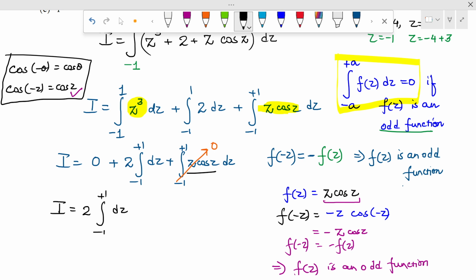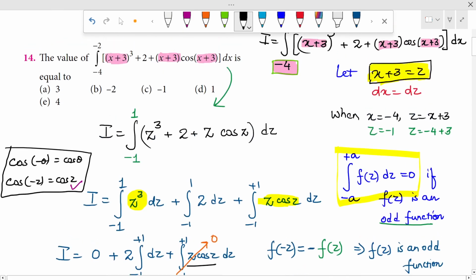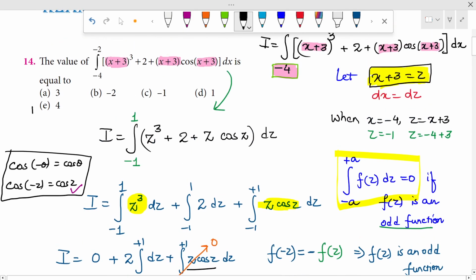Okay, and the integration of a dz is az. So if I plug in the upper limit 1, I get 1 minus, and if I plug in the lower limit, I will get 2 into (1 plus 1), which is 2 into 2, which is 4. That means the answer to this question is 4.